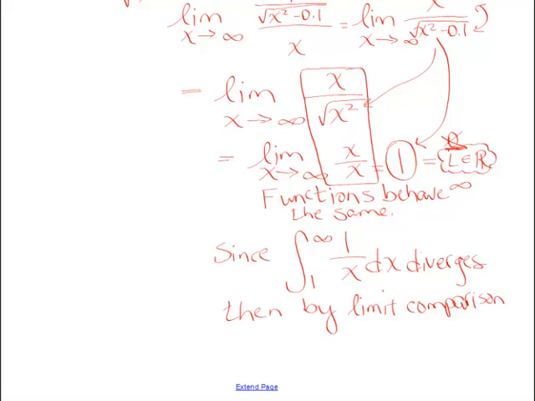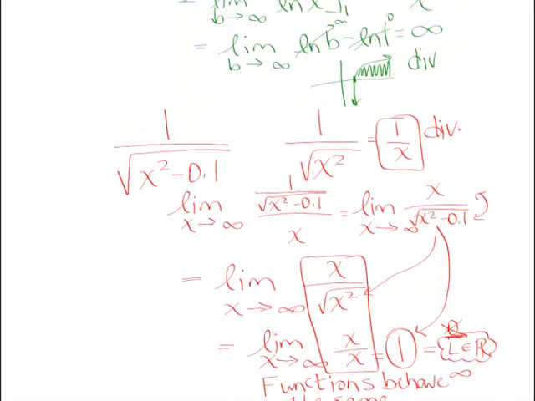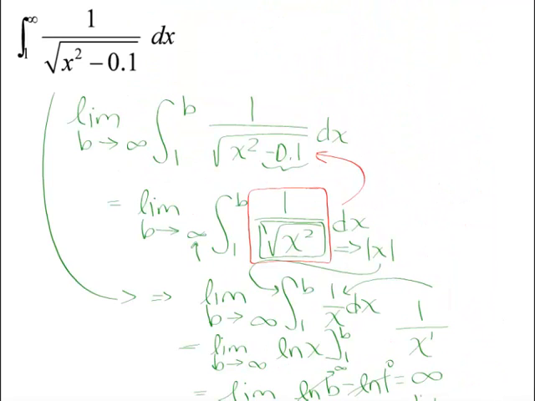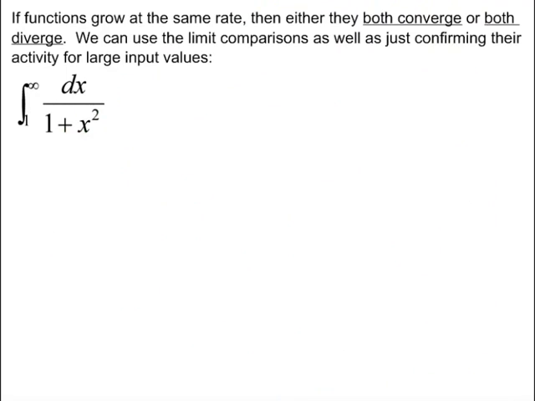By limit comparison, the unknown function they ask us about must also diverge. So not difficult. None of this is difficult. But that's what it looks like to use some known function to determine what's happening on some unknown function.